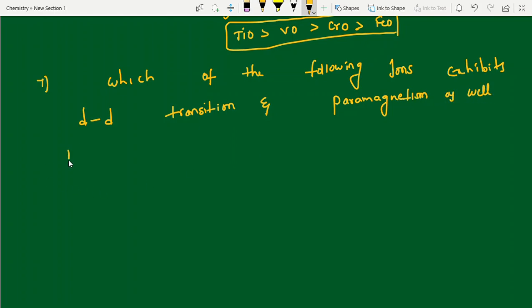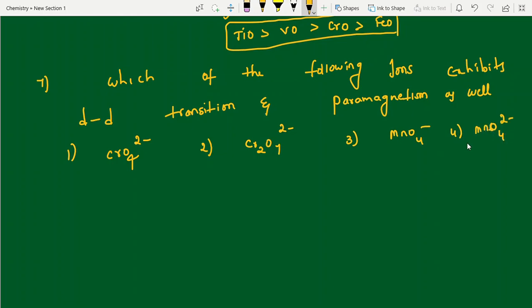Your options: chromate, CrO4 2 minus; next, dichromate, Cr2O7 2 minus; another example, MnO4 minus, this is permanganate; and next one, MnO4 2 minus, that is manganate.